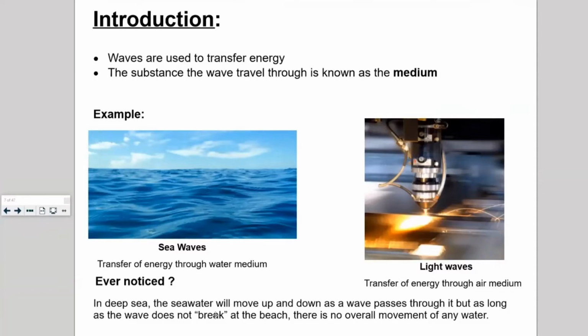Now, you might have noticed that in the deep sea, the waves move up and down. If you went swimming into the middle of the ocean, you might have noticed that any object you place in the sea will move up and down, but it will not flow in a particular direction.